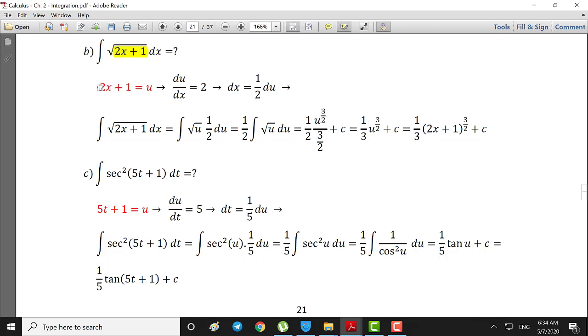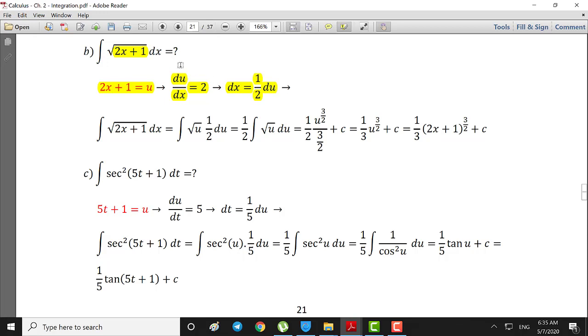If we do that and consider 2x + 1 to be equal to u, then du over dx becomes equal to 2. So dx, which is the rest of what we have in front of the integral here, is going to be equal to 1 over 2 times du, right?